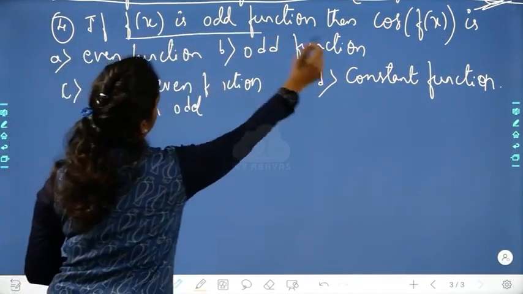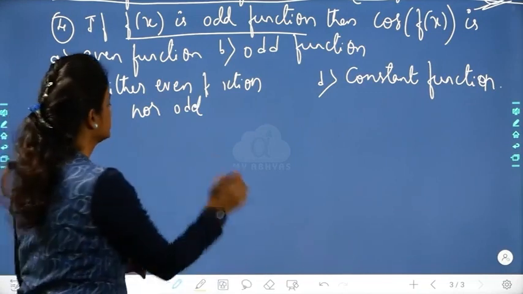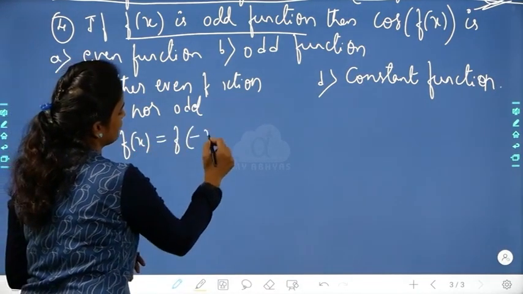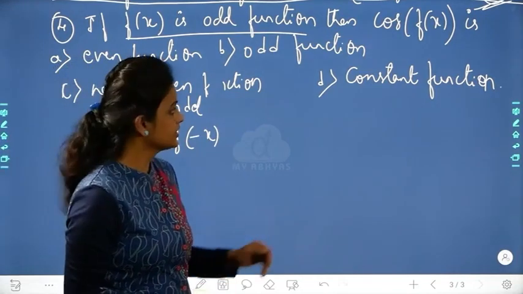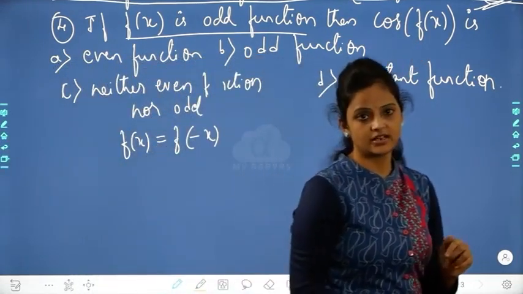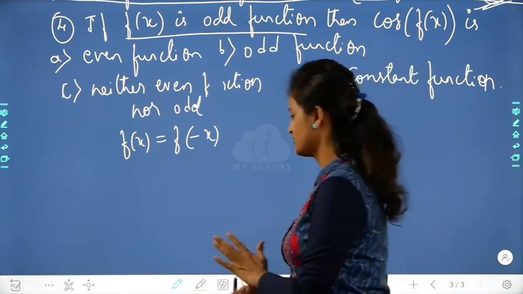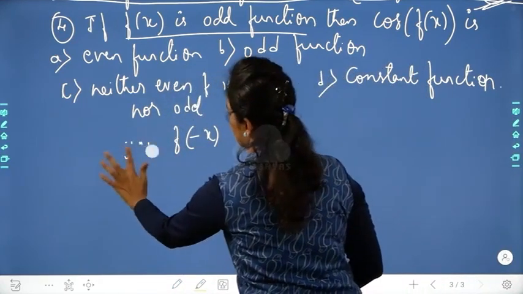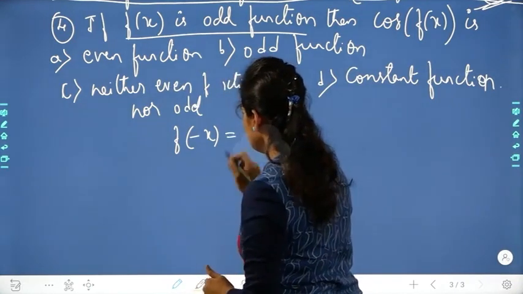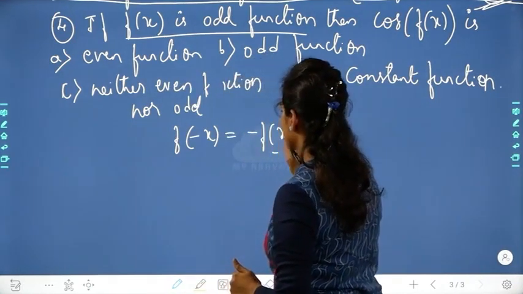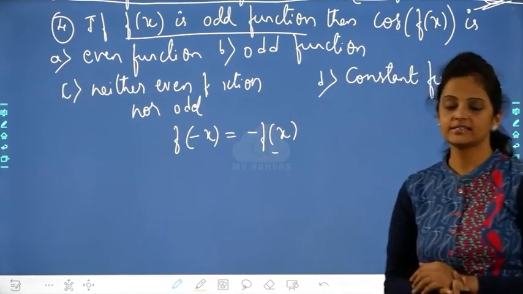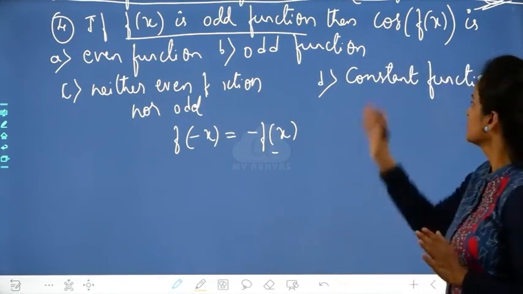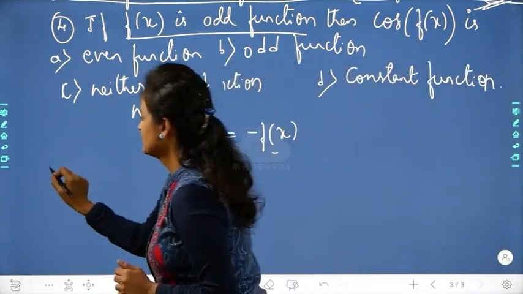f of x is an odd function, we know that, correct? So, odd function means what? f of minus x is equal to minus f of x, right? If f of minus x is giving you minus f of x, then it is an odd function, correct? So now I have to take that here.